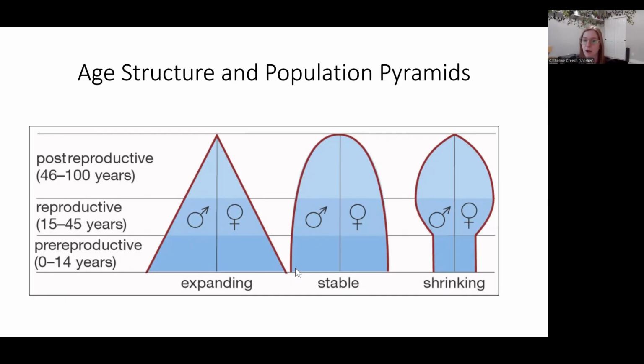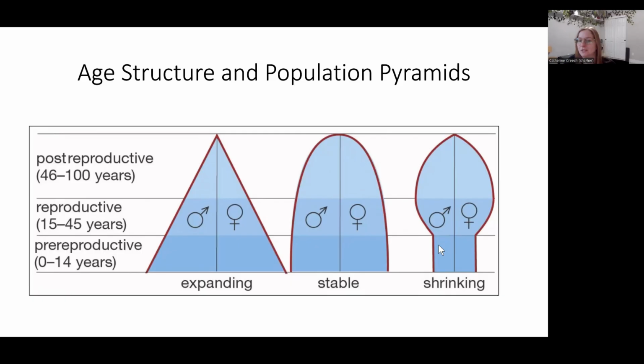For a stable population, you have roughly the same amount of pre-reproductive and reproductive people in your population. And then it's a pretty slow curve up to your high point. There are more post-reproductive adults in this population than in an expanding population. Then we have a shrinking population. In a shrinking population, there are less pre-reproductive people than there are reproductive adults.